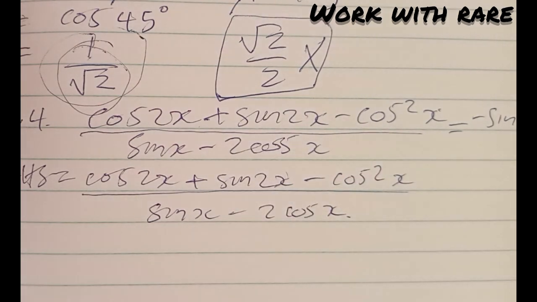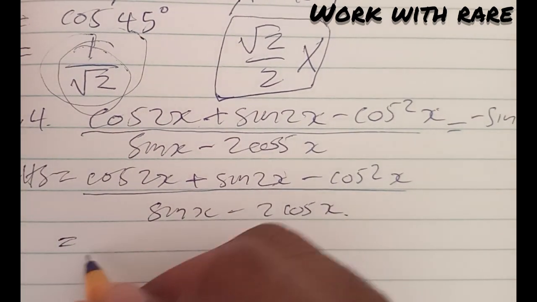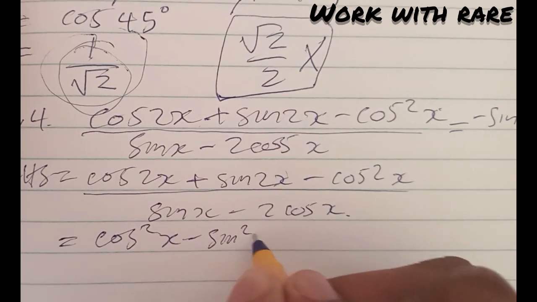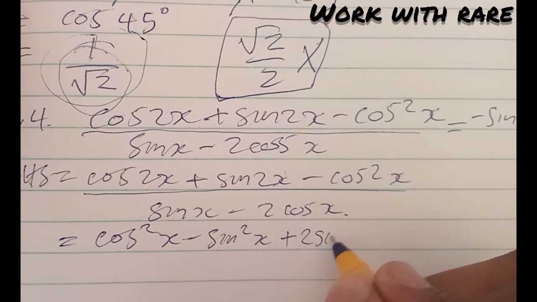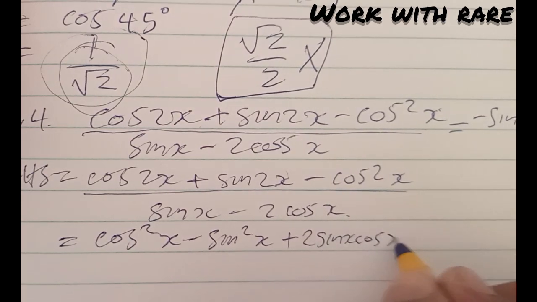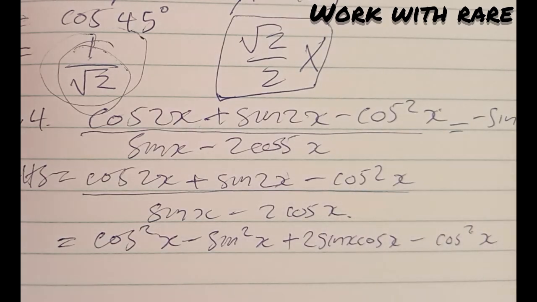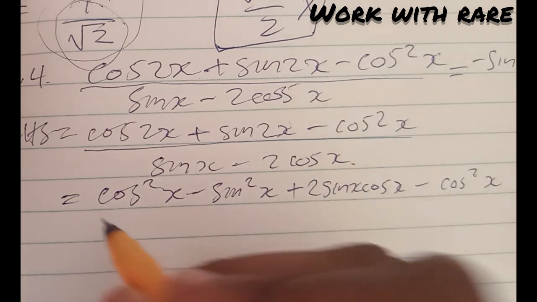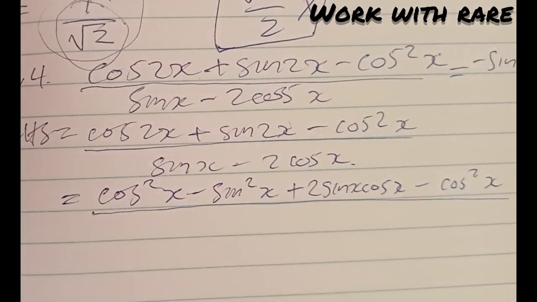Now I will have to use the first one, which is cos squared x minus sine squared x plus 2 sine x cos x minus cos squared x. Now I'll have to say all over. Look at our denominator right now.